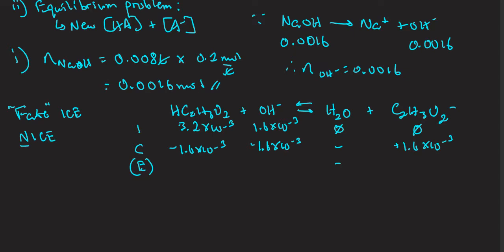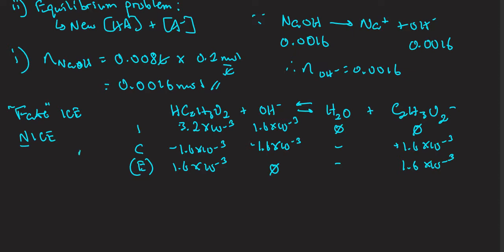So what we're left with at this final stage is this many moles of acid, 0 moles because this gets consumed completely by the neutralization reaction, and then also 1.6 times 10 to the minus 3 of conjugate base, or acetate ions. Okay, so we have moles, right?